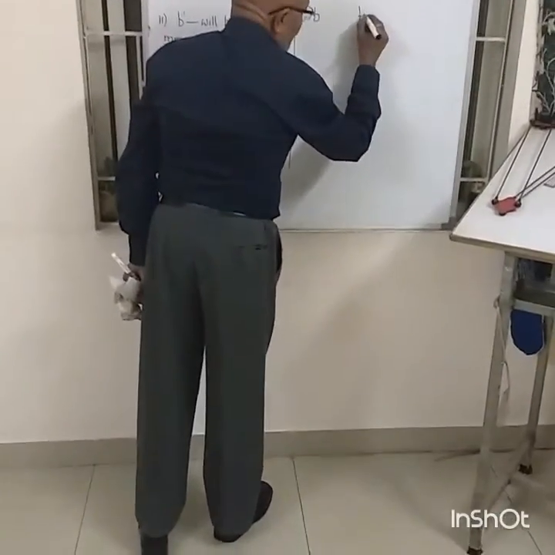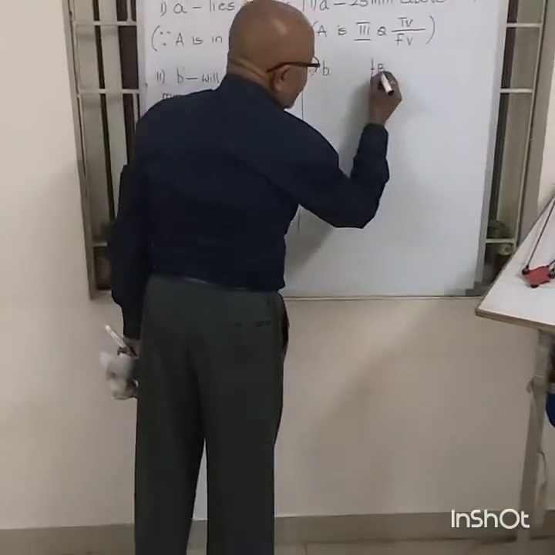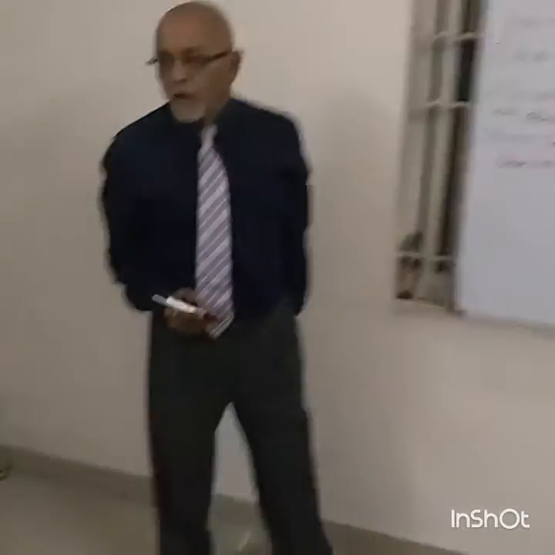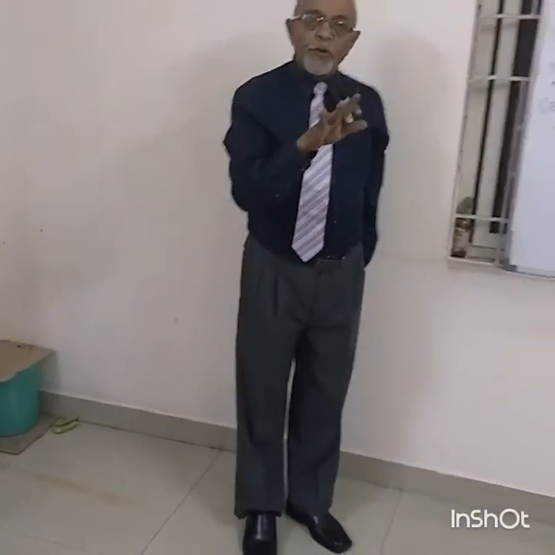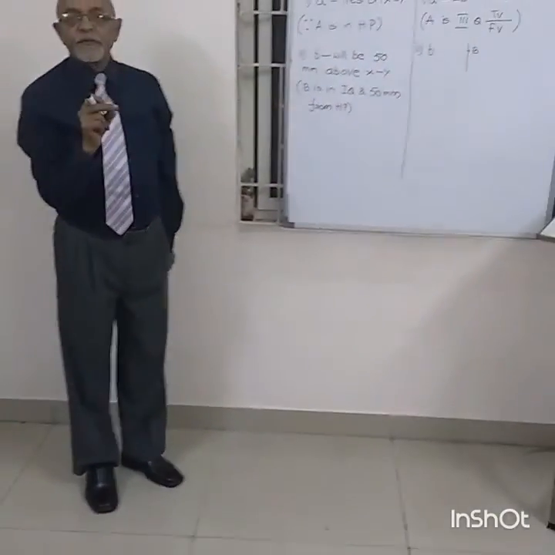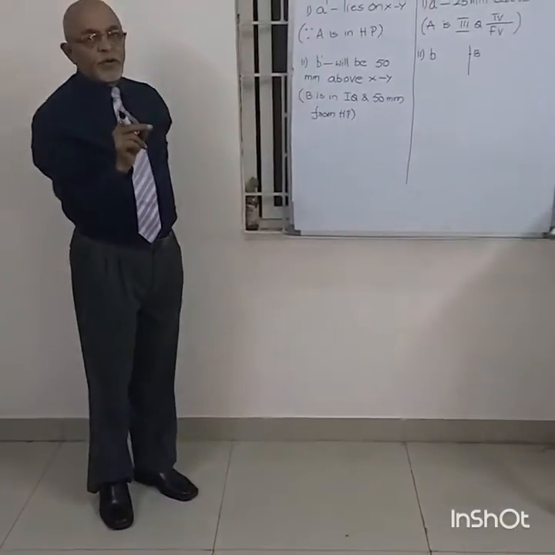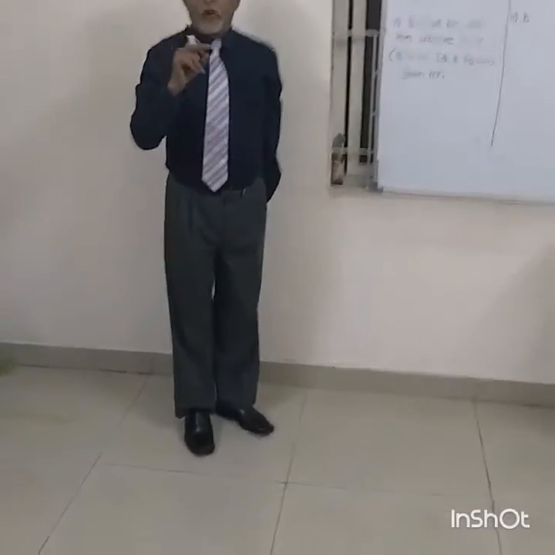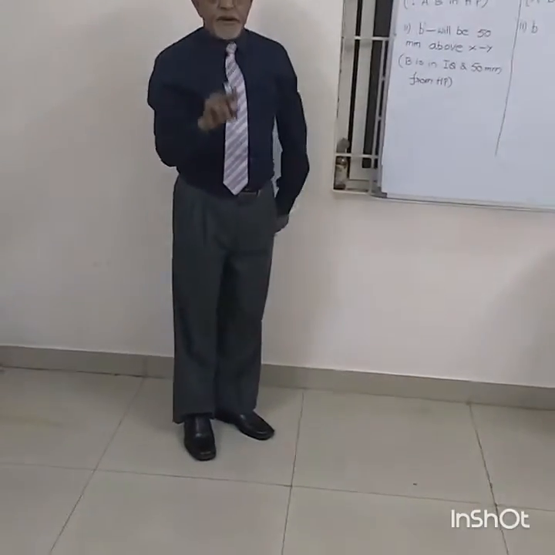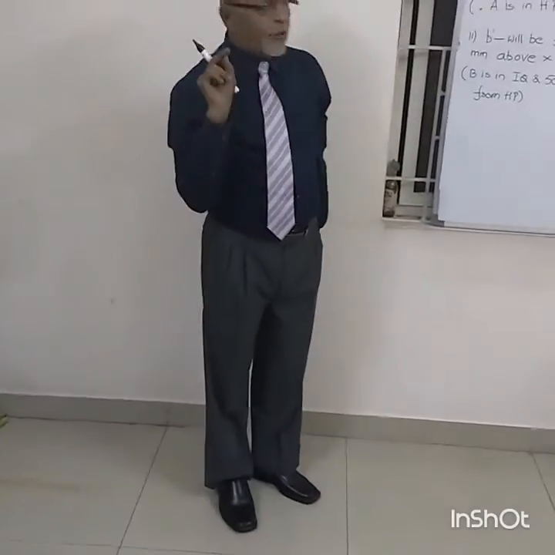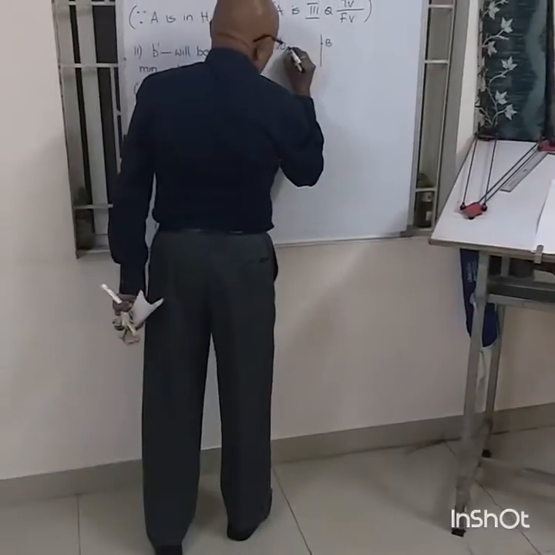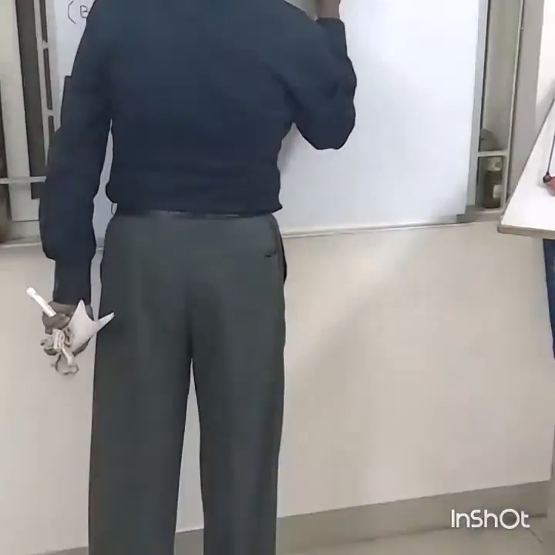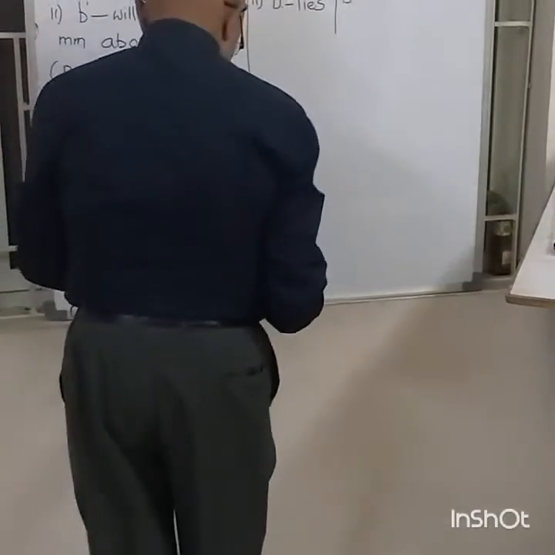Now first let us take the reference line XY. There are 2 points, end A of the straight line and end B of the straight line. So we are supposed to draw the front view and top view for end A and front view and top view for end B. And the fundamental rule in engineering graphics says the front view and top view of a given point must always lie on the same line of projection.